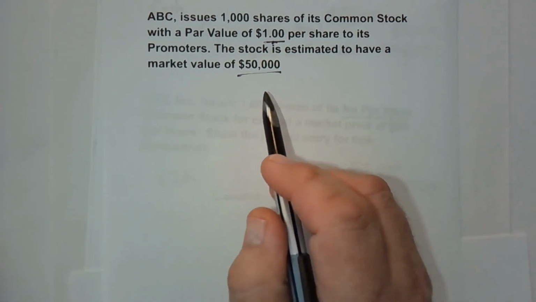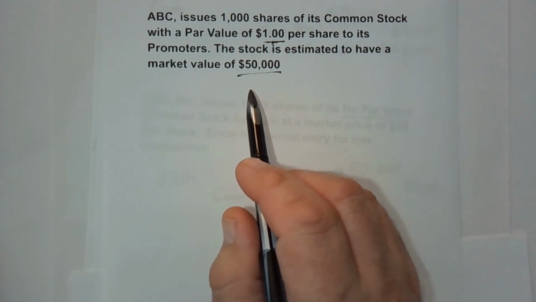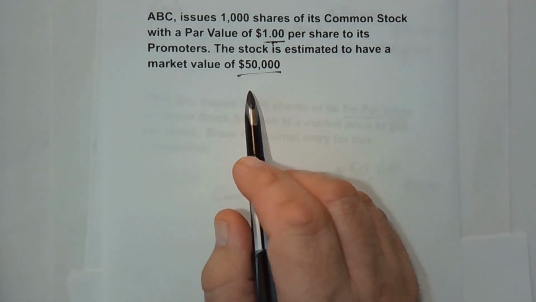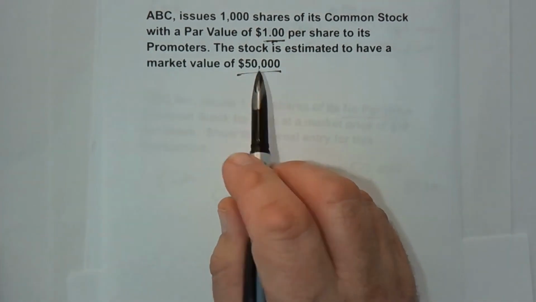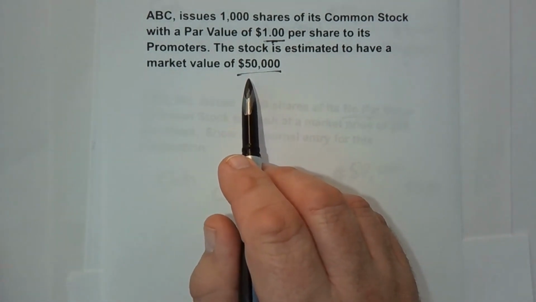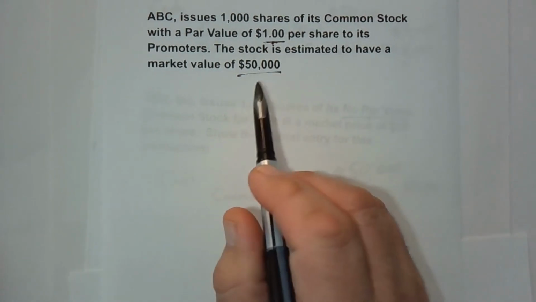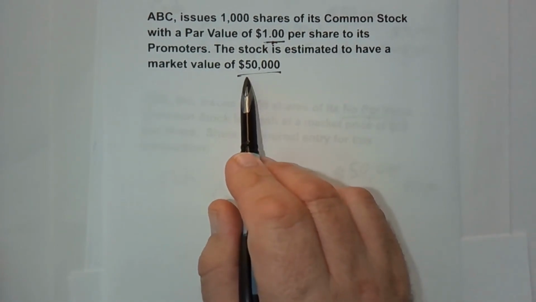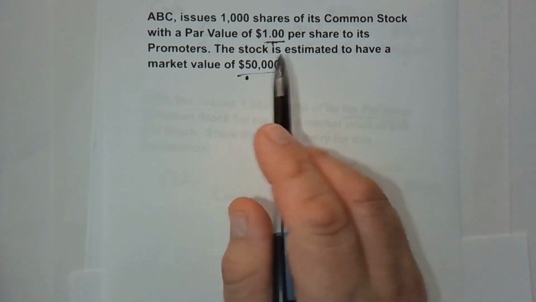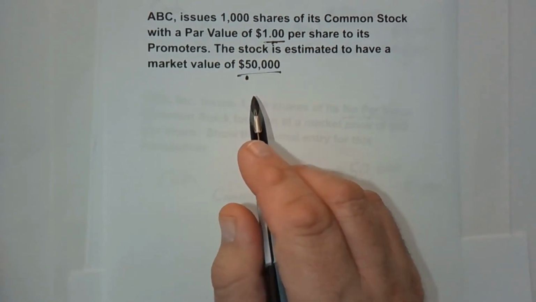Those are all the promoters, and they sometimes are compensated for their efforts in shares of stock. And that's what's happening in this transaction. Here, the stock has a par value of $1 and an estimated value of $50,000, and that's in the aggregate, for the entire 1,000 shares. So there's an estimate done here.